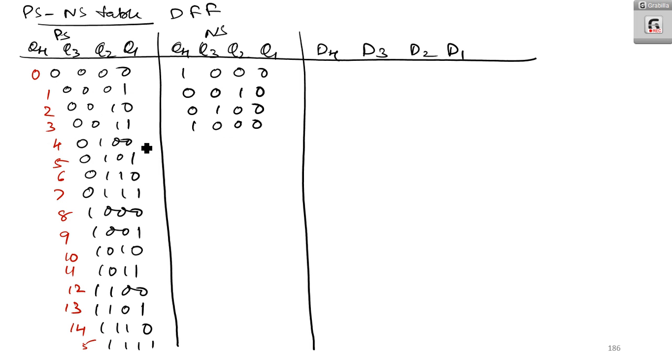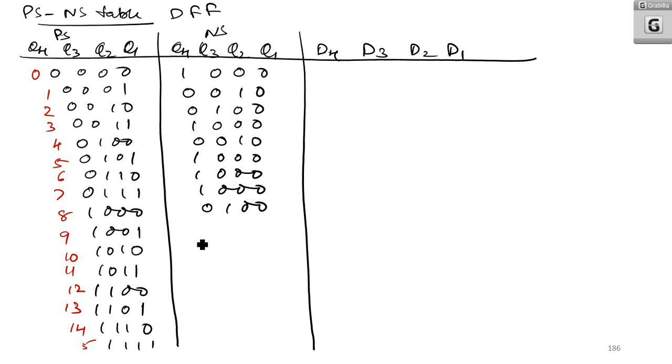If 4 is there, it will go to 2, sorry, 8, 4, 2, that is 0, 0, 1, 0. Hmm, 8, 4, 2, 1. 5 is an invalid state, so it will go to 8, 1, 0, 0, 0. 6 is an invalid state, it will go to 8. 7 is an invalid state, it will go to 8. 8, if it is 8, it will go to 4. That is 0, 1, 0, 0.